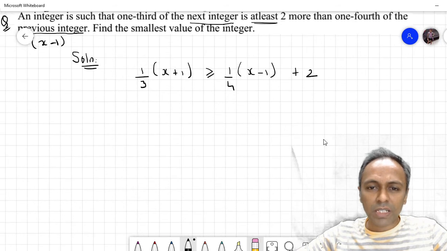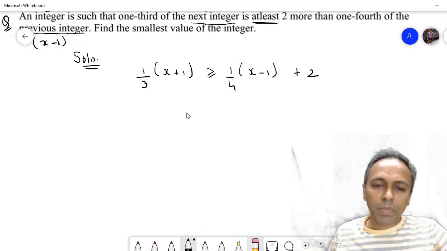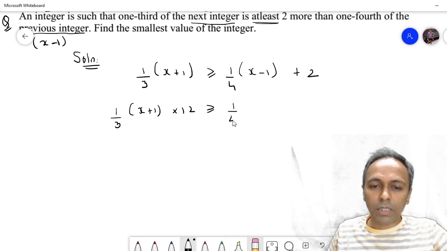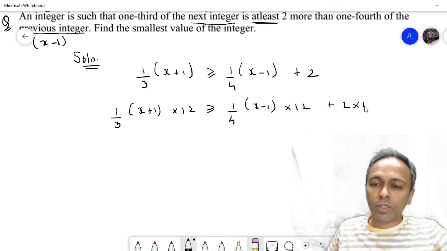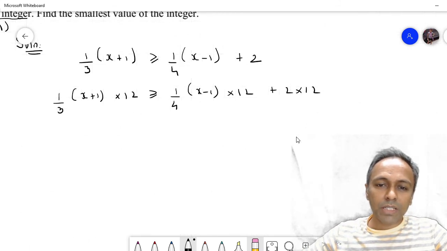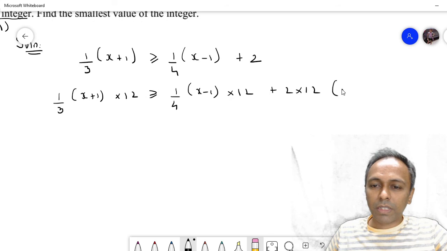I think solving this is now easy. We can multiply by 12. So let's write, as LCM of 3 and 4 is 12, 1 by 3 x plus 1 into 12 is greater than or equal to 1 by 4 x minus 1 into 12 plus 2 into 12. Let's make a habit to write reasons every time. Let's write multiply by 12.